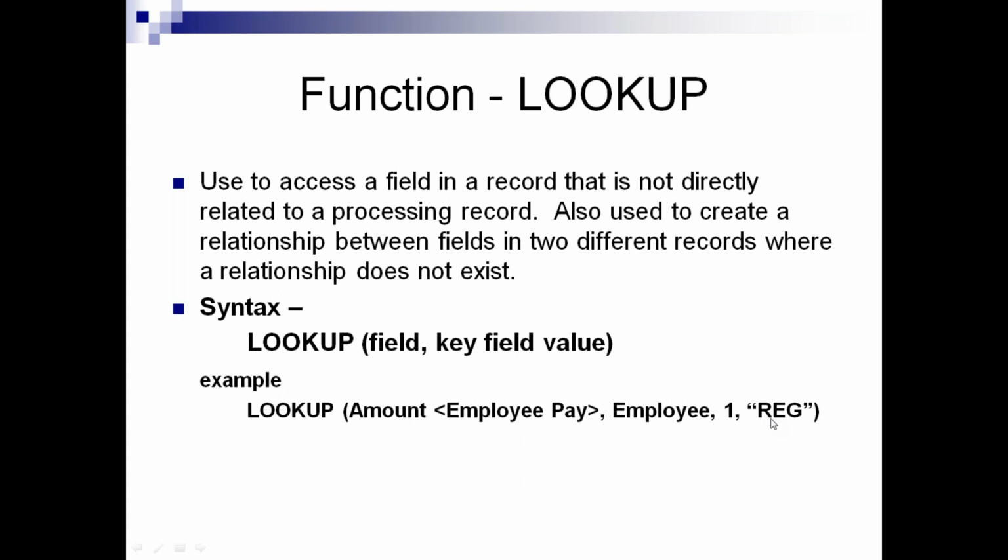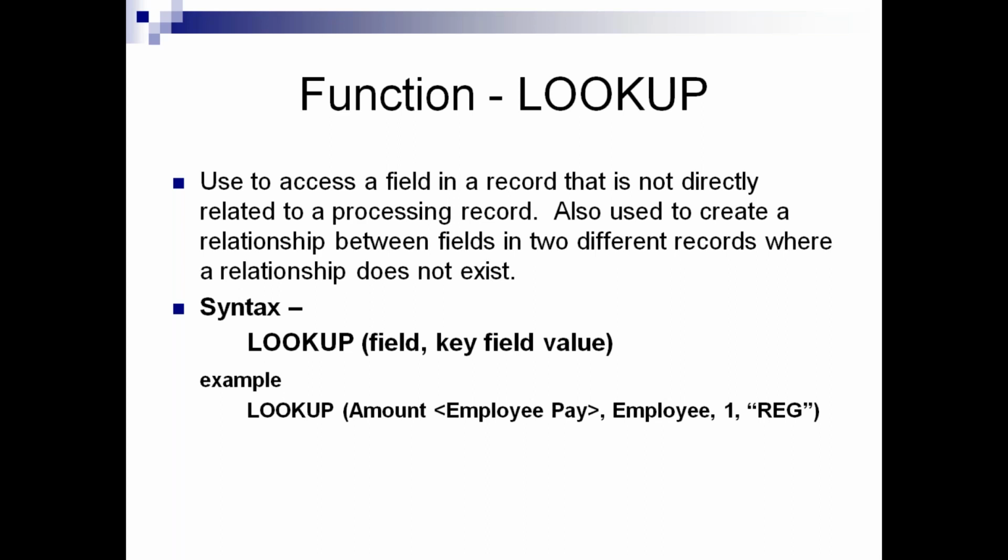So again, this function is used quite often because in a lot of cases you're going to be pulling multiple records into a design. Not all of those records are linked together. They may not have a relationship.